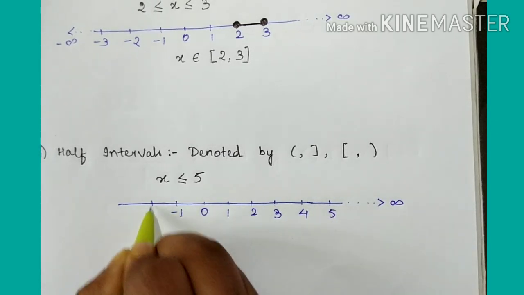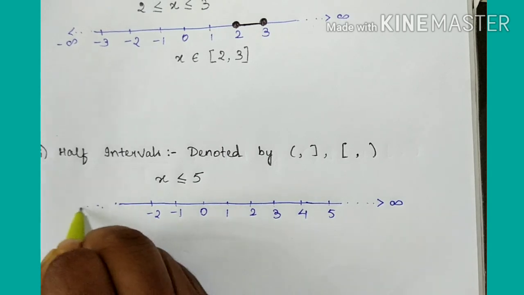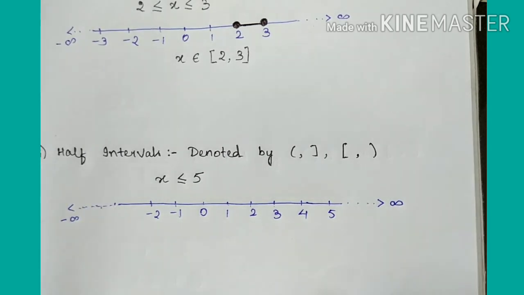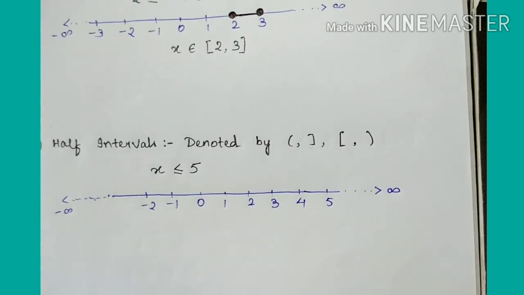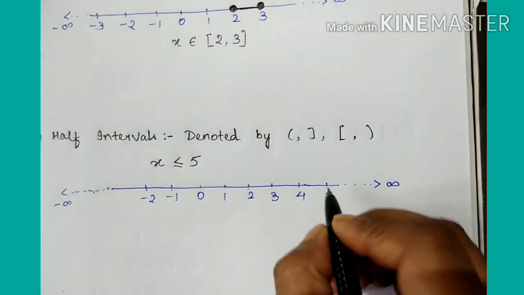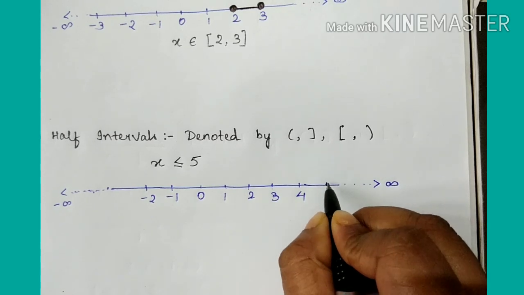Similarly, -1, -2 and so on. Now we encircle the point 5 on the number line.